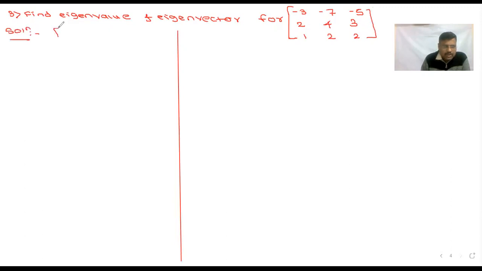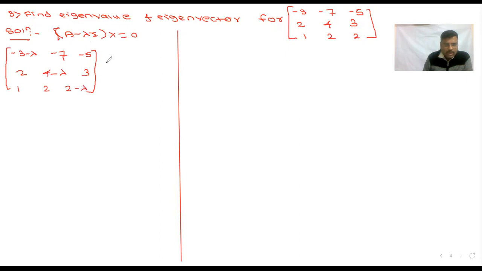First step is we write down the characteristic matrix, (A minus lambda I) times x equal to 0. So we write A minus lambda I: minus 3 minus lambda, minus 7, minus 5; 2, 4 minus lambda, 3; 1, 2, 2 minus lambda, times x y z.